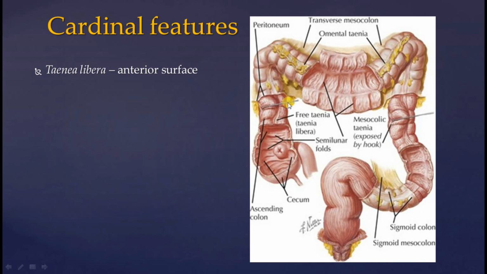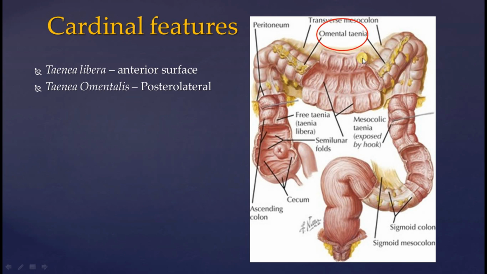The tinea libera you see on the anterior surface, whereas for the transverse colon this tinea libera will be seen on the inferior surface, whereas in the ascending and descending colon it is seen on the anterior surface. The next is tinea omentalis, seen on the posterolateral surface.